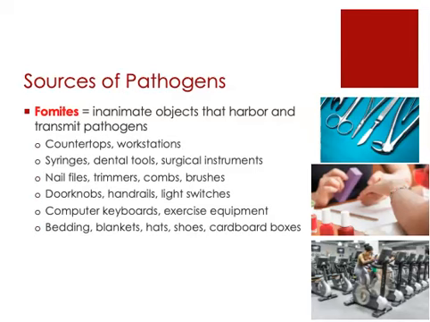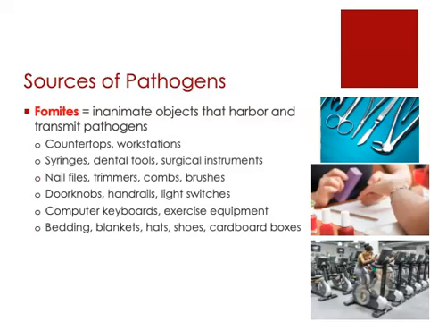So if you think, for instance, about countertops or workstations, surfaces that get touched, surfaces that come in contact with people all the time, with our hands and with our breath, and other secretions that come out of a human body. Things like syringes are fomites.